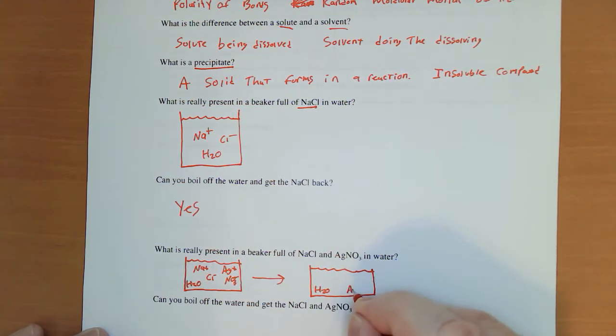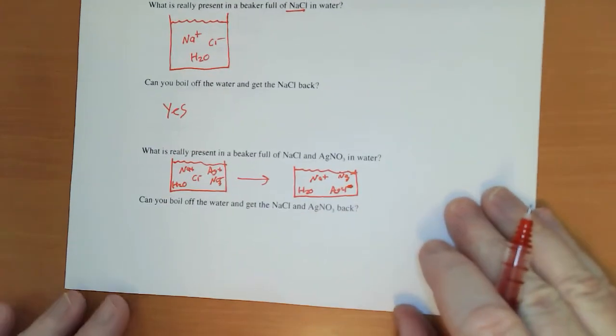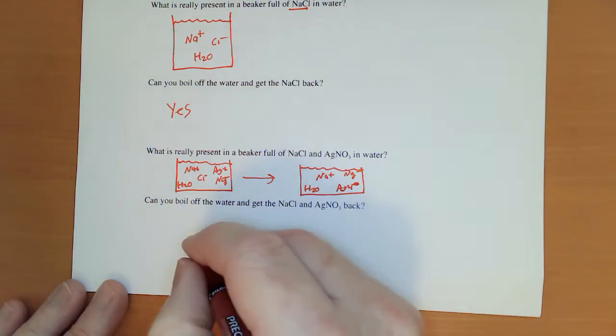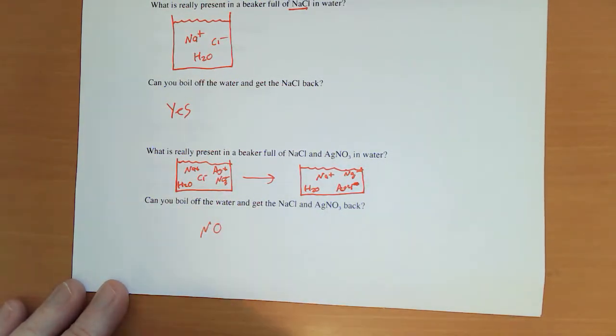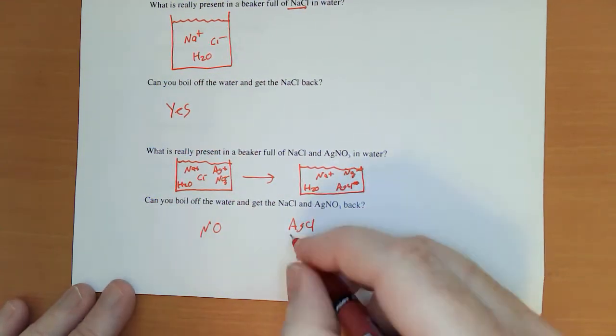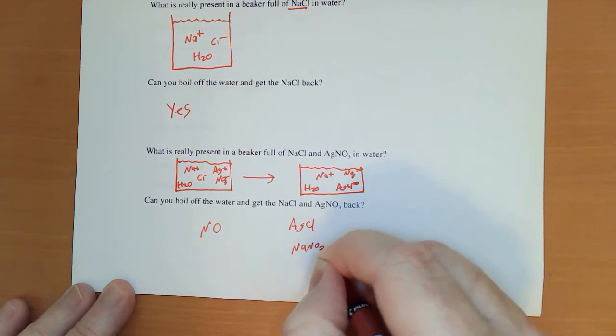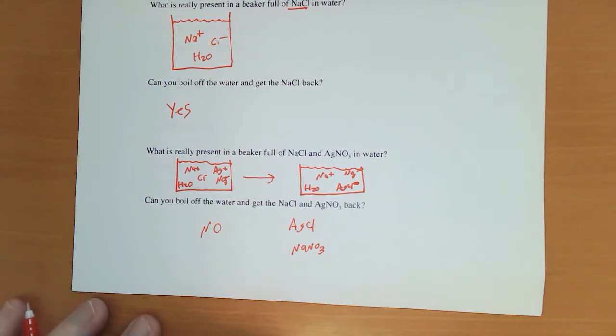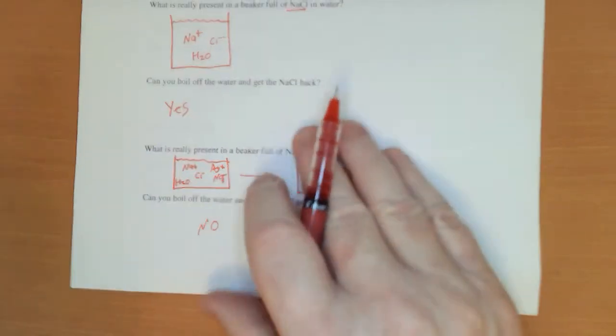So what I get here at the bottom is a pile of AgCl. But the Na plus and the NO3 minus are still floating around and are still separate from each other. Now, if I boil this water off, I am not going to get NaCl and AgNO3 back. What I will get is AgCl and NaNO3. Chemical change has occurred here that is making something else.